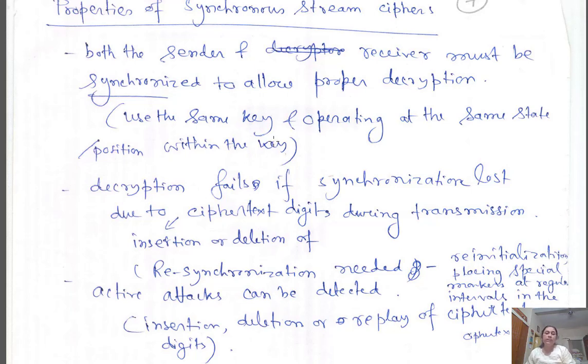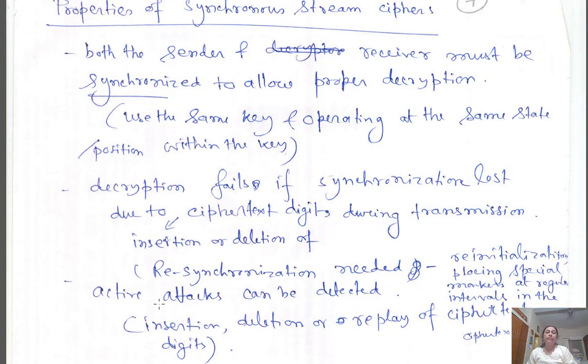The good thing is that you can detect the presence of an active adversary because of the synchronized property. If some bits get deleted or inserted, your decryption will fail because synchronization will be lost, and in that case you can be certain that some active attack is going on.